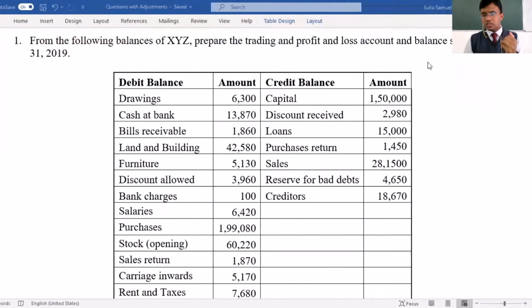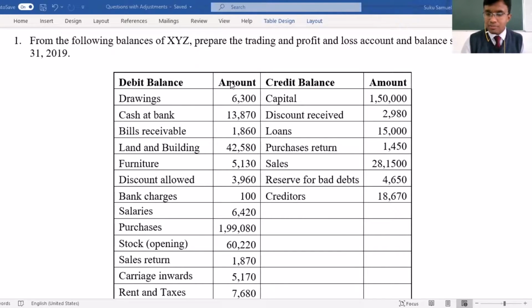The twice treatment could either be trading account and balance sheet, or profit and loss account and balance sheet. I'll repeat that. Any item given in your trial balance, you treat once; any item given as an adjustment, you treat twice.